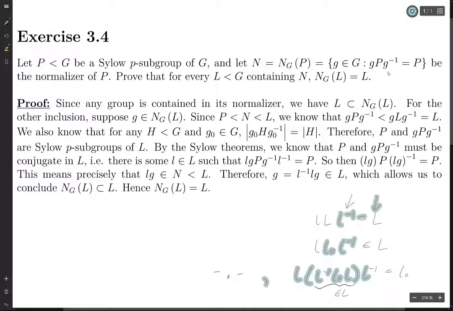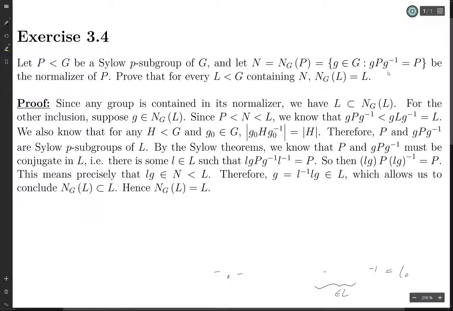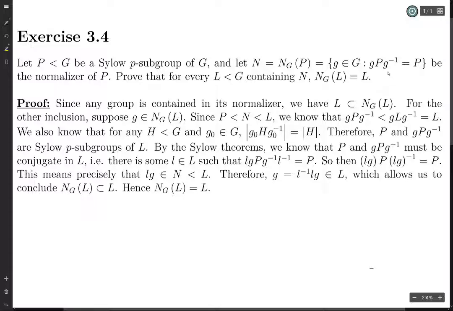So anyways, we're going to suppose that we have an element g in the normalizer of L. And so what do we want? We have this inclusion and we want the other inclusion.